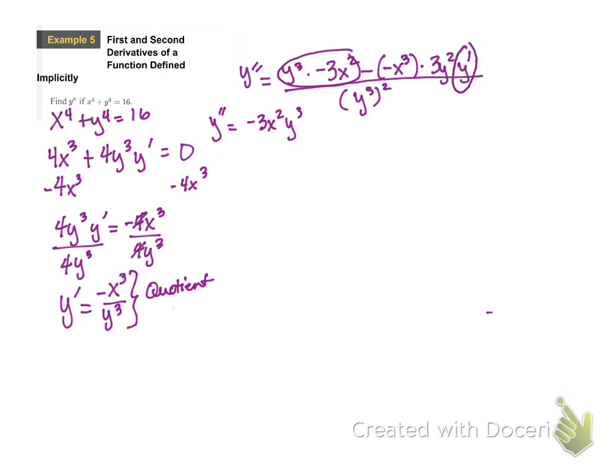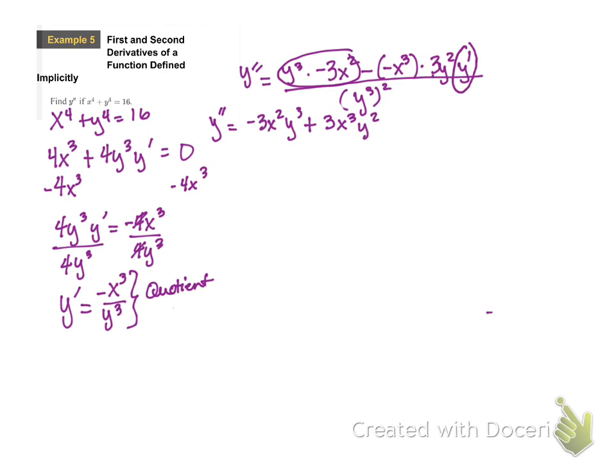And then a negative times a negative makes a positive. X cubed, pull that 3 from that y squared. So positive 3x cubed y squared.